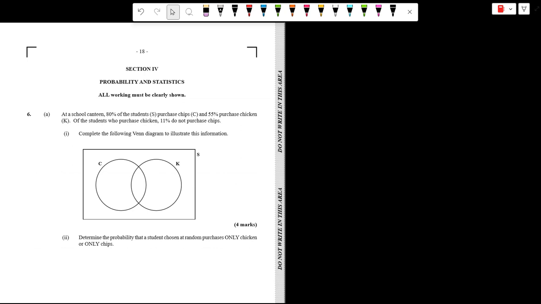Now, the question says, state two distinct observations about the data as seen in the box and whisker plot. So there are quite a few, and we'll try to state as many as we possibly can. The lower quartile is 52. Now, what is the significance of the lower quartile? The lower quartile is also referred to as the 25th percentile.